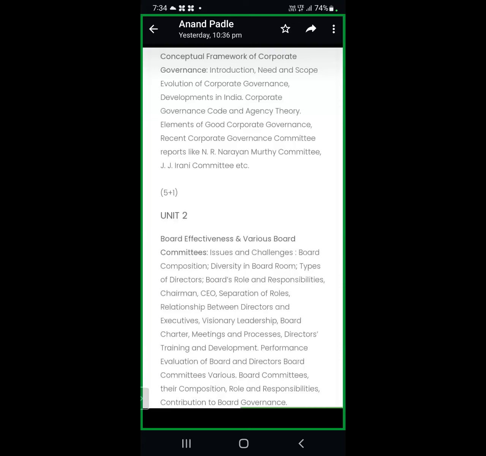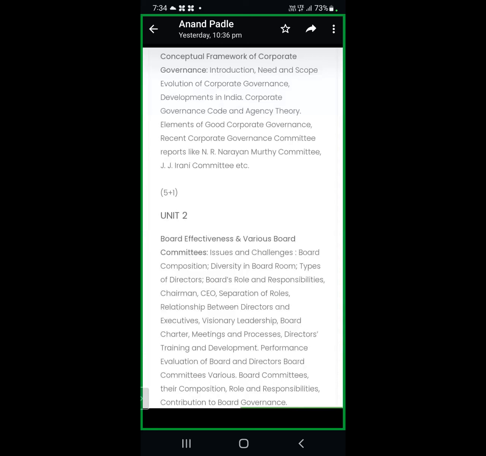Because the syllabus is vast and we have to complete it within a stipulated time given by the university, it is expected that everyone should be sincere, and it will help us if we keep it more interactive instead of only me talking.